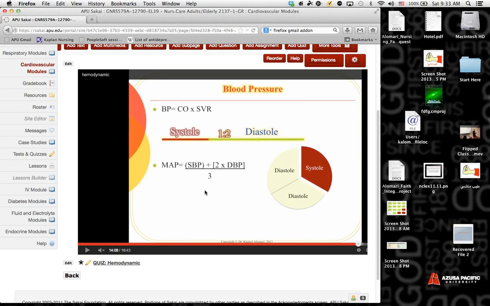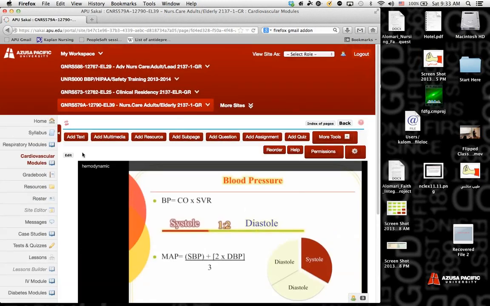And again, in these pressures, it's not the more the merrier. There's a point where the MAP is above 100, for example, or 120, that means the systolic is above 180. But for perfusion purposes, anything between 70 to 100 is a normal MAP. Any questions so far?